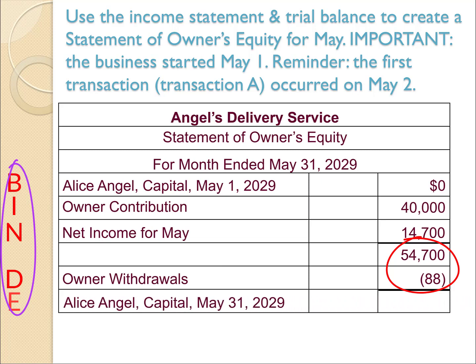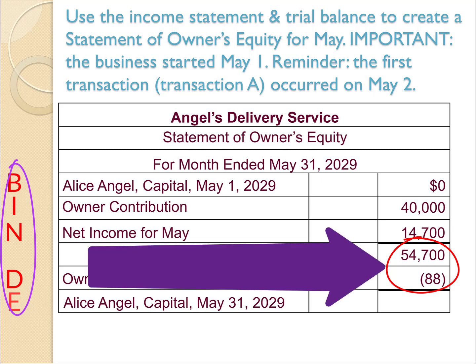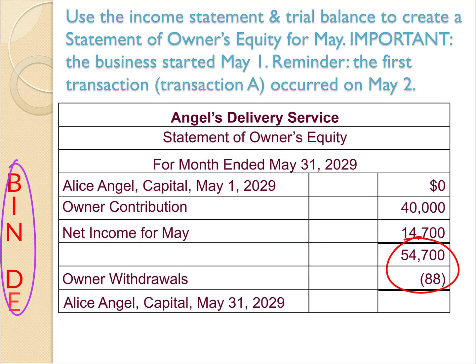So your label should say Alice Angel, comma, capital, comma, May 31st, comma, 2029. So that's our ending capital. And then we just simply do the math. 54,700 minus $88 gives us $54,612. And since that's the bottom line, we do a double underline for it.